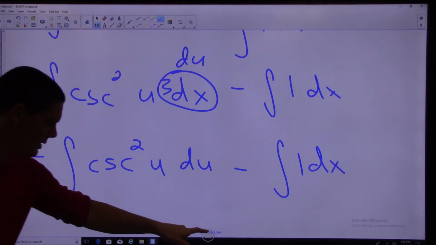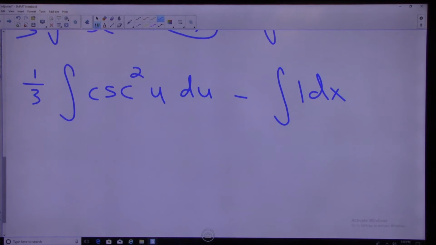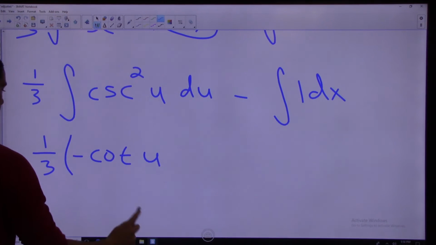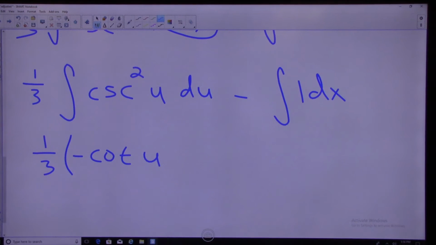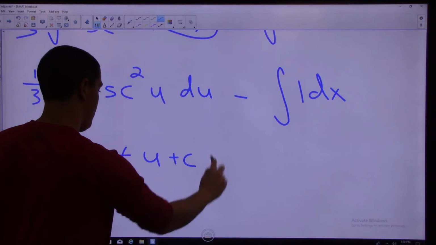Let's take the antiderivative of this, and we've got a formula for it. The formula is negative cotangent of u, so it's going to be times negative cotangent of u, and if you want, you can put the plus c here.